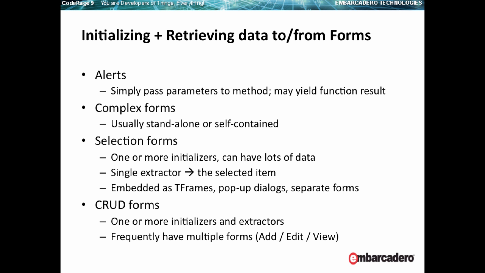But they'll usually have a single extractor, which returns one selected item. Now, the neat thing with selection forms is they can actually be embedded as TFrames. They can exist as, say, pop-up dialogues, or they can exist separately just as separate forms. CRUD forms are characterized by one or more initializers and extractors, and they frequently have multiple variations of the same form.